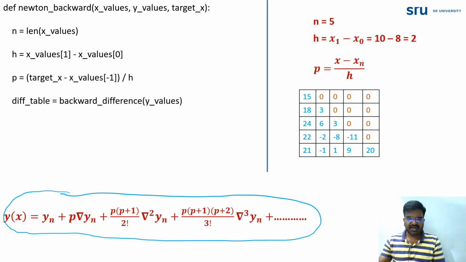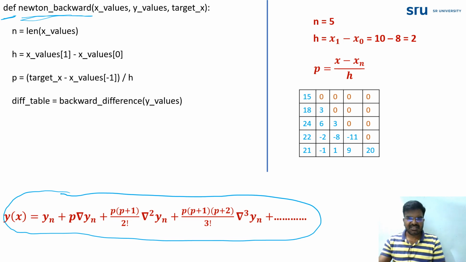I will find all these variables by defining one function here. You can see here, I am writing one function with the name newton_backward. Under this function, I calculate the required value by using this Newton's backward interpolation formula.